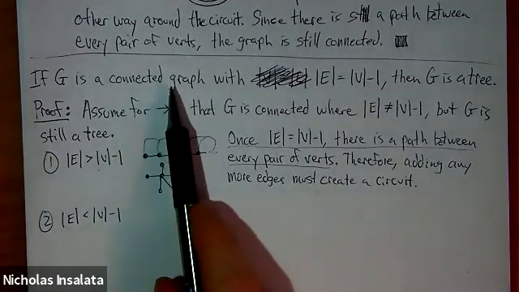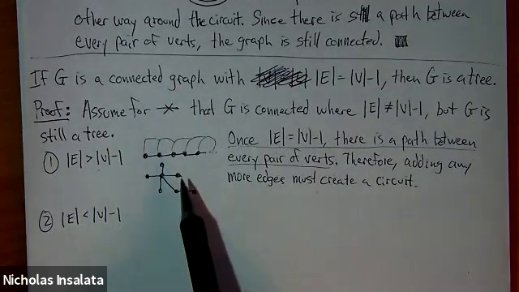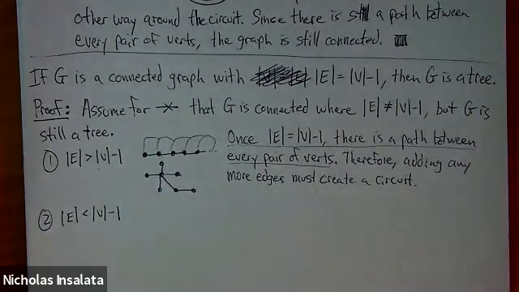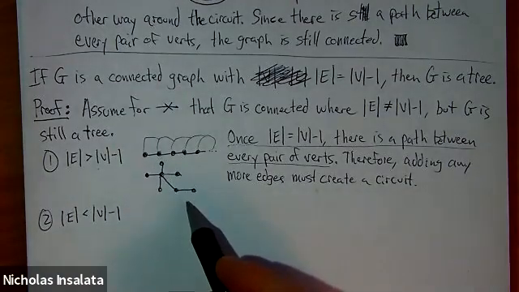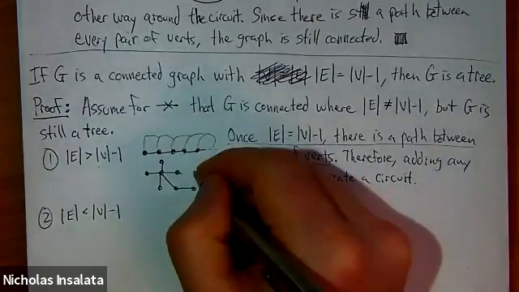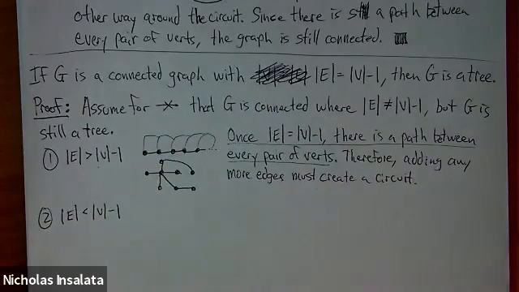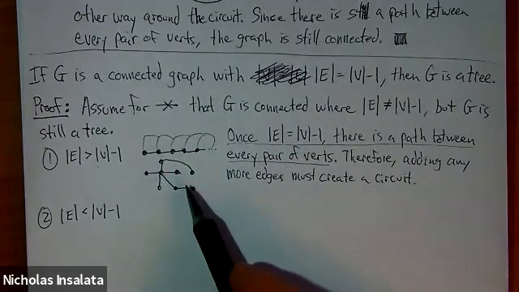In order to build a connected graph, adding one vertex at a time, what we'll need to do is connect that vertex to some other vertex in the graph via an edge, right? So as we build this graph, keeping it connected one vertex at a time, for each vertex that we add, we have to connect it back to something. Doing that will cause us to have the number of edges equal to the number of vertices minus 1, according to the construction in our last proof.